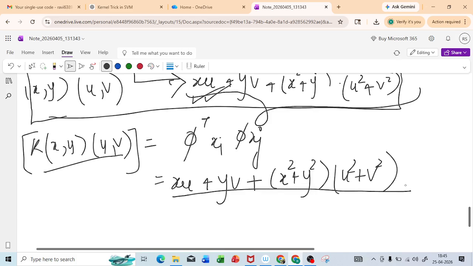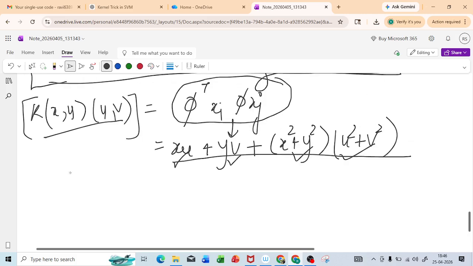So for understanding purposes, we tend to project it to a higher dimension and find out the dot product for the dual optimization, but then to save space and time and make it more efficient, we say, okay, what is the end result of this? We want to achieve this for sure, right. But instead of going into the hyperplane and calculating the dot product, can we do that without going into the hyperplane? And we can actually do this because this is nothing but equal to this, right. And this is something which we can easily calculate in 2 dimensions only. We don't need to go into the 3rd dimension, right. So that's the beauty of this.